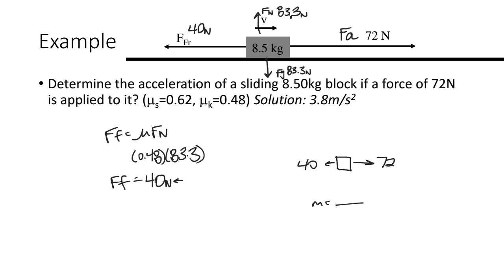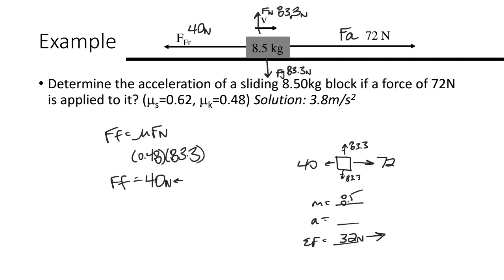If we were to look at this in a similar way to our others, with this chart that says the mass, the acceleration, and the net force, we know that our force gravity and our force normal are equal and opposite, which means that our net force has to be left and right. Which I'm calculating to be 32 newtons to the right by doing 72 minus 40.